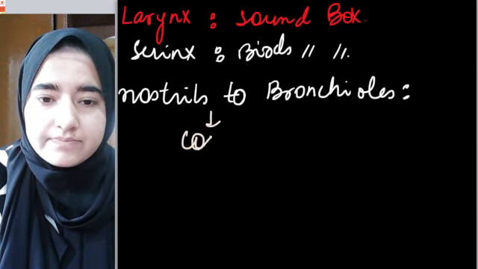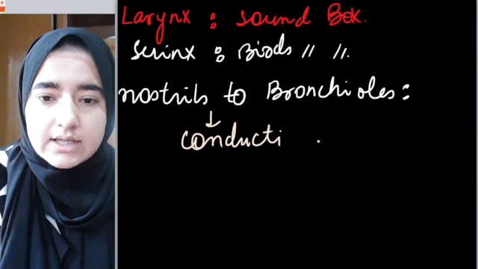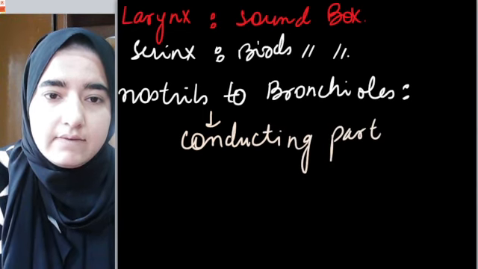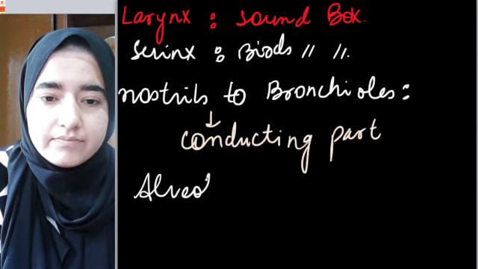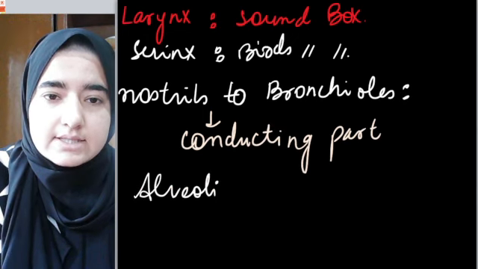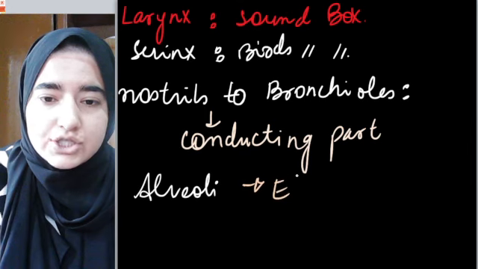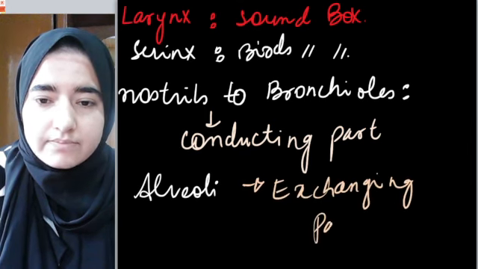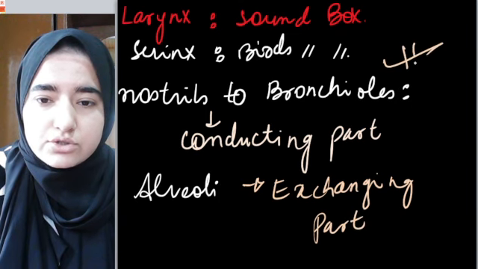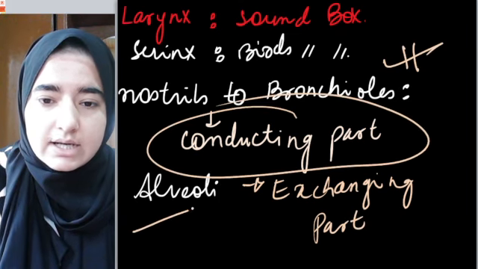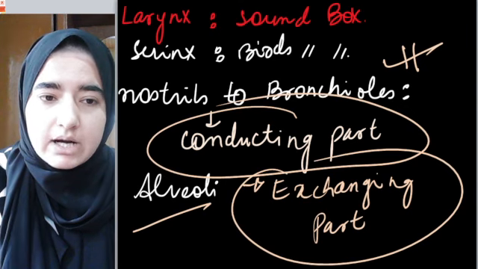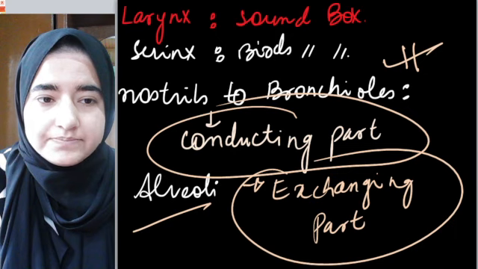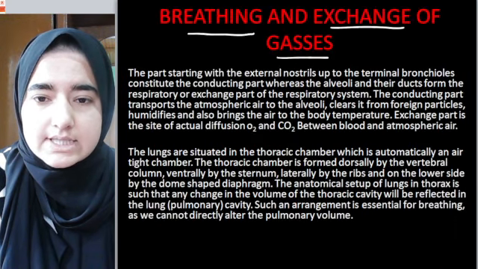It is known as the conducting part, and the alveoli are known as the exchanging part, where exchange of gases takes place. Nostrils to bronchioles is the conducting part. Alveoli is the exchanging part because at this part exchange takes place. I hope this concept is clear.